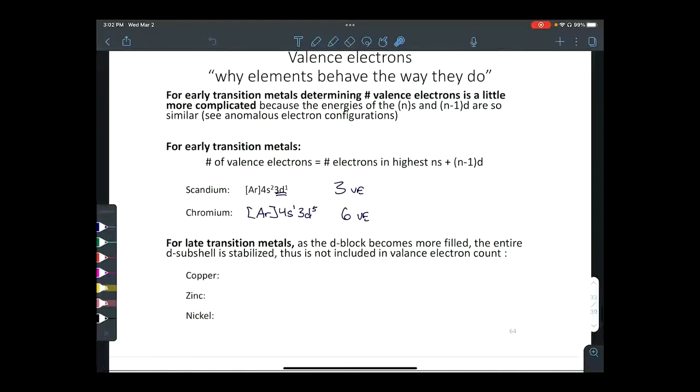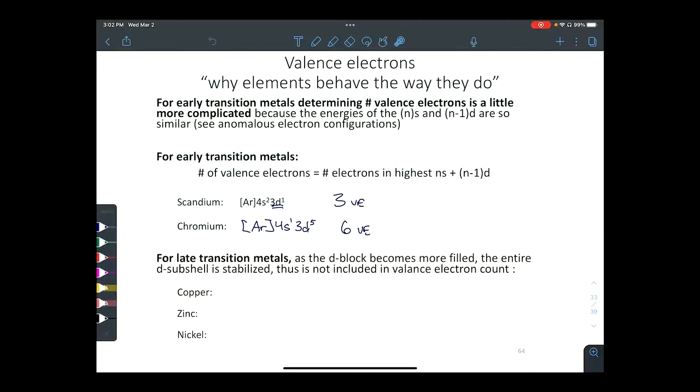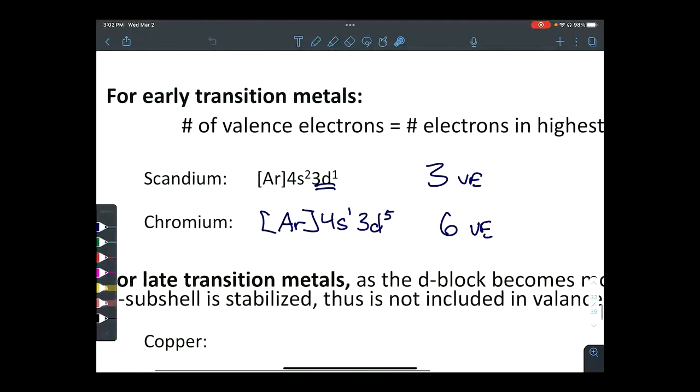But then for our transition metals, it gets a little weird. For transition metals on the left side, like scandium through manganese, those lighter transition metals, we actually count those D electrons when we write out their electron configuration.